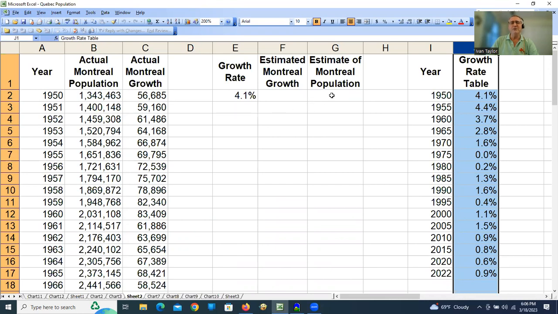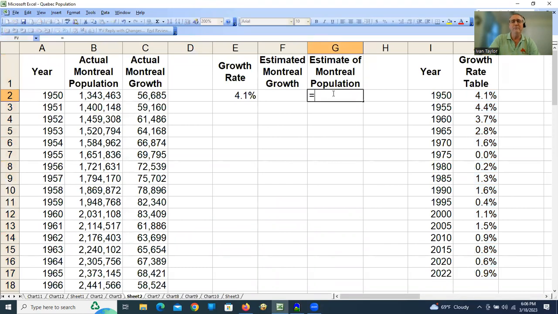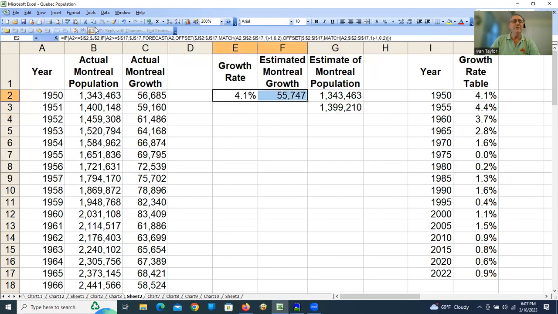So the first thing I'm going to do is add the initial population of Montreal by going here. And then I'm going to have the growth in the population, which is the population times the growth rate. And then I'm going to have the population in 1951 as the population in 1950 plus the growth in the population. And then I'm going to cut and paste this down here.